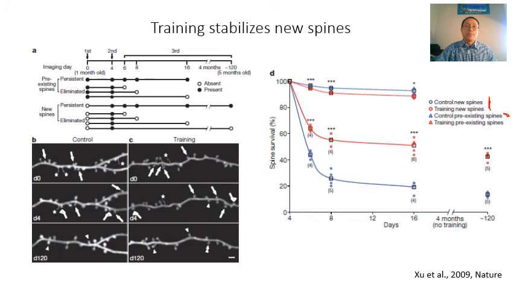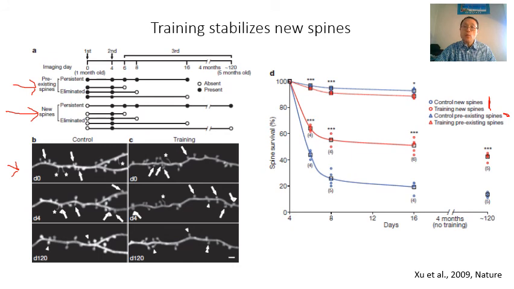So the pre-existing spines are the ones that existed for 4 days in between the first imaging and the second imaging. And then the new spines are the ones that did not exist in the first imaging time but appeared on the second imaging time. And then they wanted to look at the fate of these spines. And here in B and C, just some representative images that they're looking at.